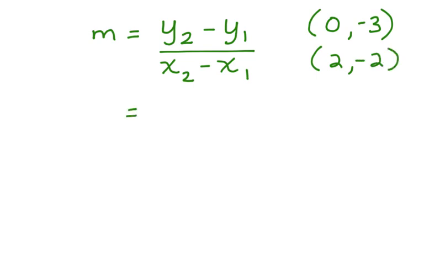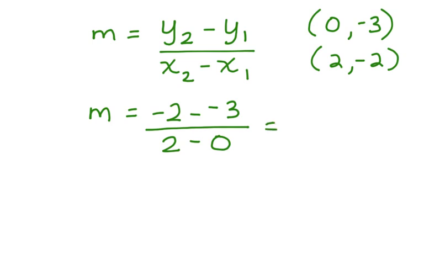So now we have m is equal to -2 minus -3 over 2 minus 0. Two negatives here become positive. -2 plus 3 is 1. 2 minus 0 is 2. So we have the slope of line B being 1/2.